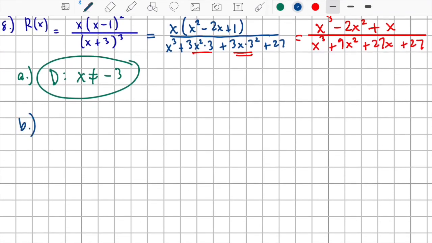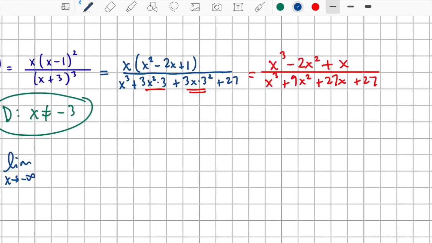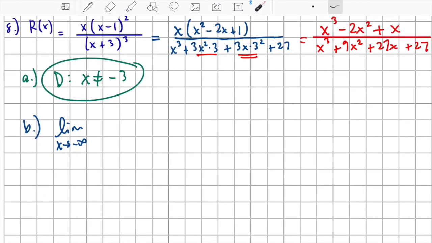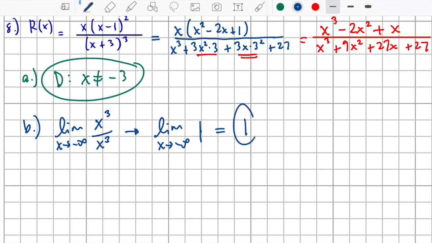For part B, we're going to look for horizontal asymptotes. So we take the limit as x approaches negative infinity. At the infinities, it behaves like its term of highest degree. The highest degree in the numerator is x cubed, and the highest degree in the denominator is x cubed, so it's really behaving like x cubed over x cubed, which simplifies to the limit as x approaches negative infinity of 1, and the limit of a constant is just the constant, so 1.